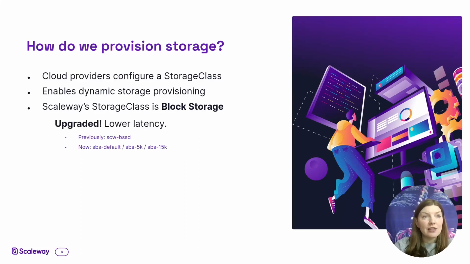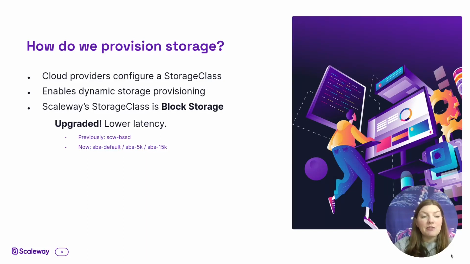Previously, our storage class was Scaleway BSSD, whereas now it's SBS with some different subtypes. This new block storage offer is faster, offering better performance and lower latency for your read-write operations. The default option of SBS default will give you SBS 5K, but you can specify SBS 15K for even lower latency thanks to more input-output operations per second capacity.